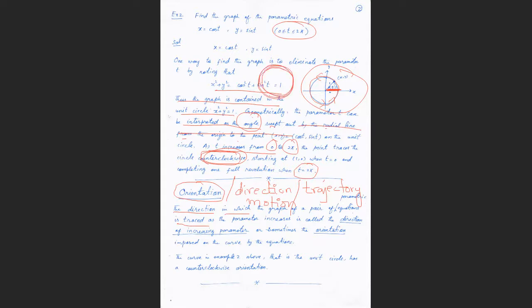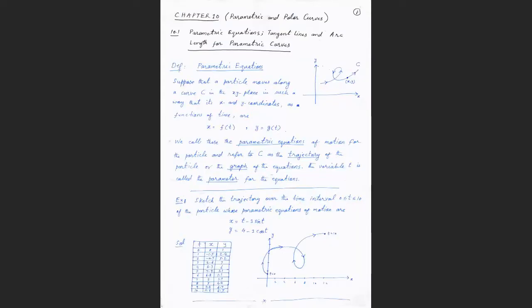See, it is written: the curve C in example 2 above is a unit circle, which has a counterclockwise orientation. So this is the orientation of any graph. In example 1, this arrow shows the direction of the graph.